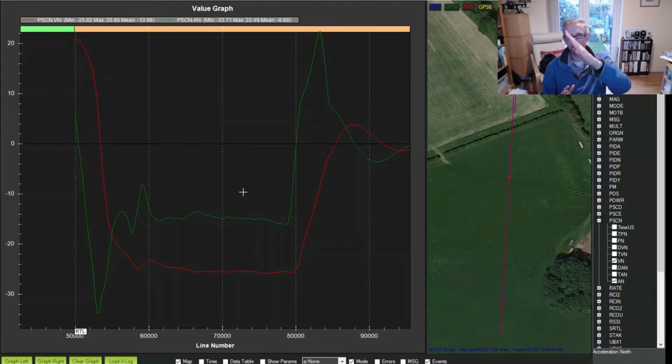So if you can imagine the copter's flying like this, gravity is in this direction, and the thrust is in this direction. I need to get a digital writing pad, so I can show this a bit more easily. But the thrust is in this direction, and that thrust component, that force, will create acceleration.